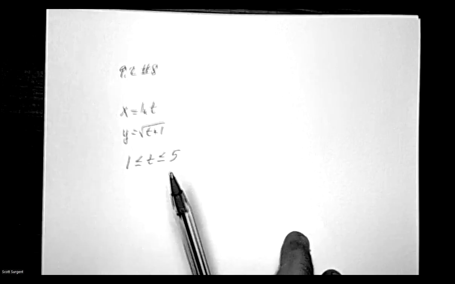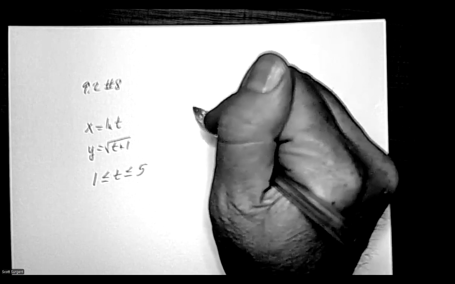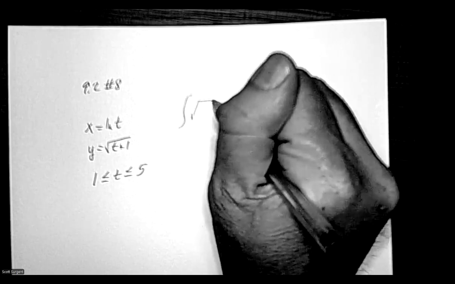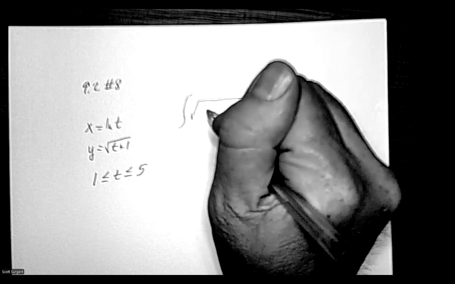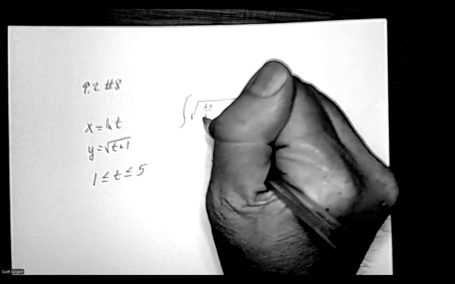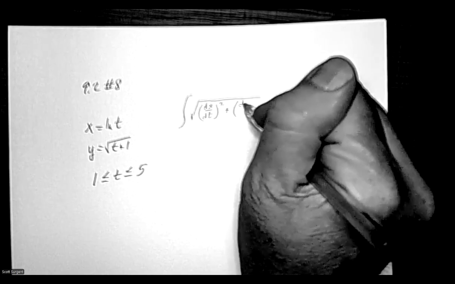Let's just see what we got here. Generally, the arc length is an integral of the radical where you take the derivative. So this would be dx dt squared plus dy dt squared.